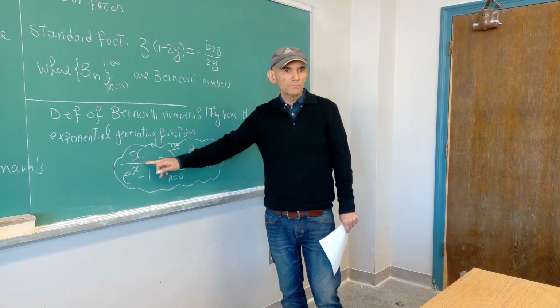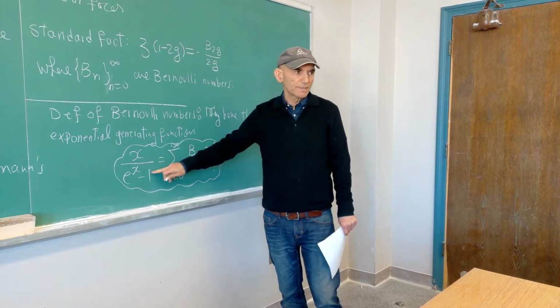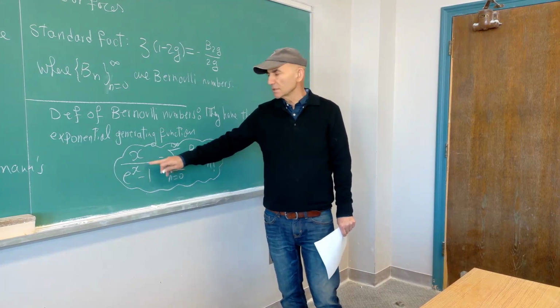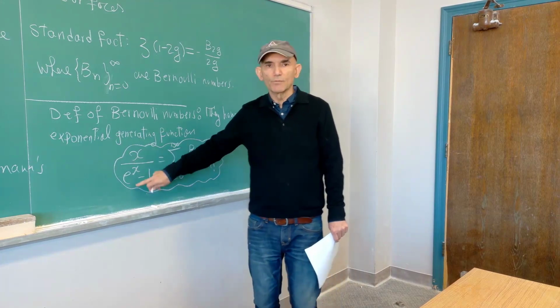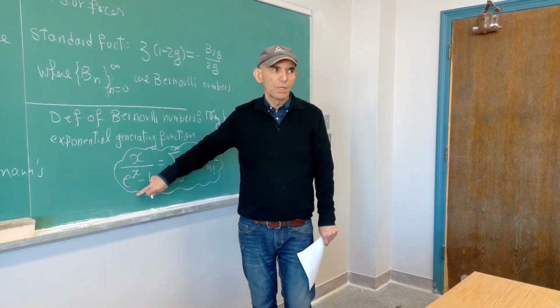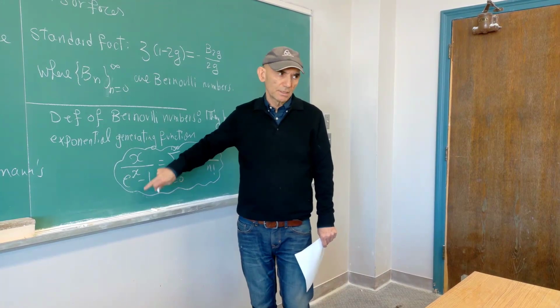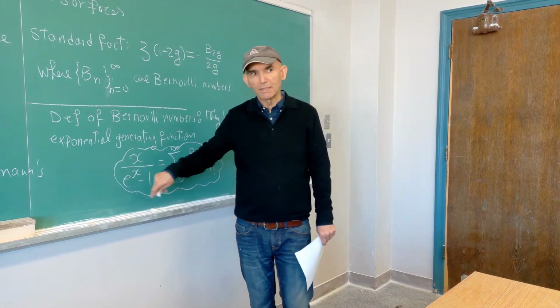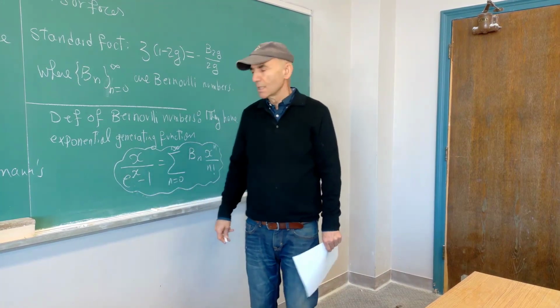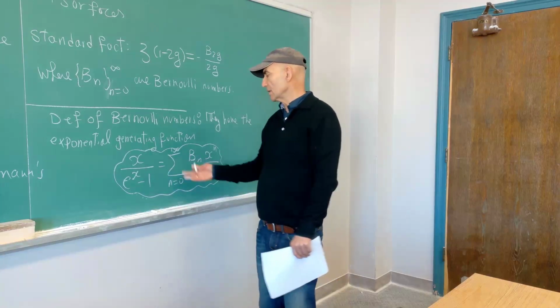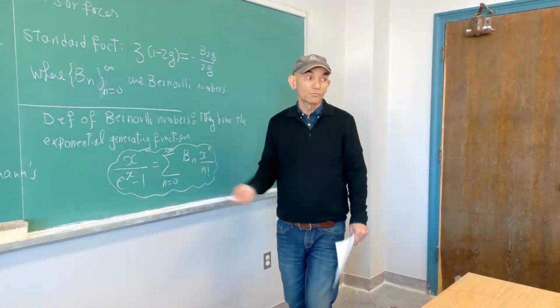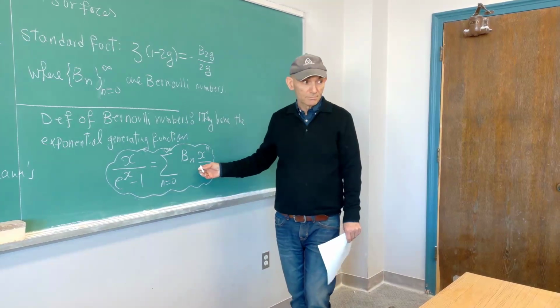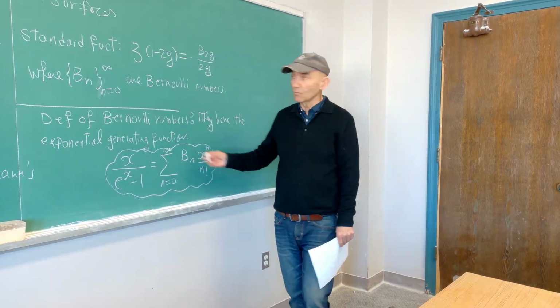This is a nice function. This function is smooth at 0 also. Because if you take the limit, this is 0 over 0, you can use L'Hopital's rule. And then you see that the value of this function at 0 is 1. So this certainly tells you that the constant term of the series is 1.